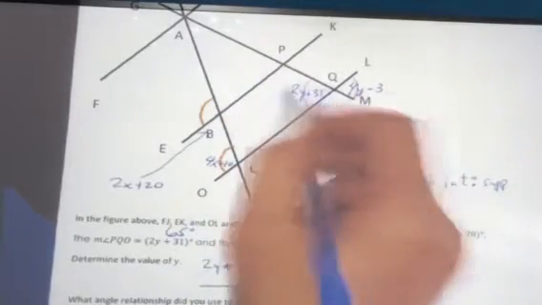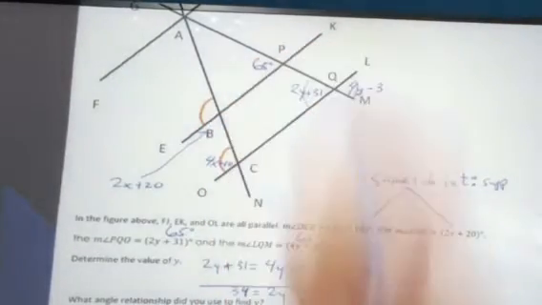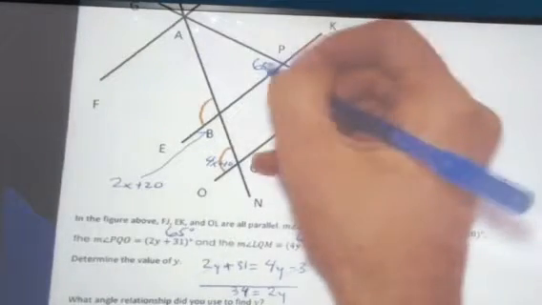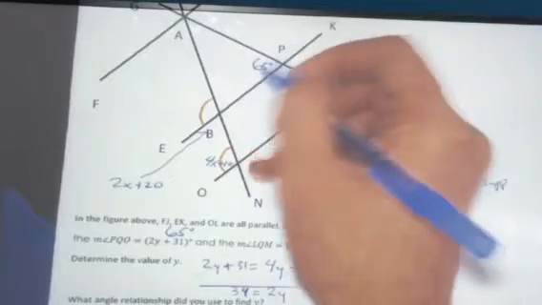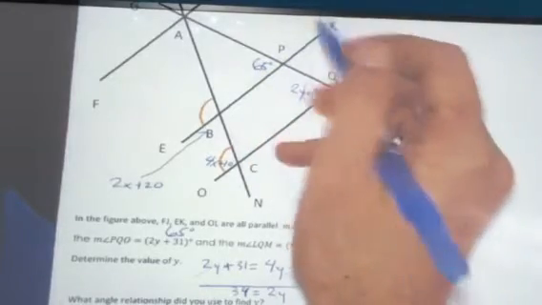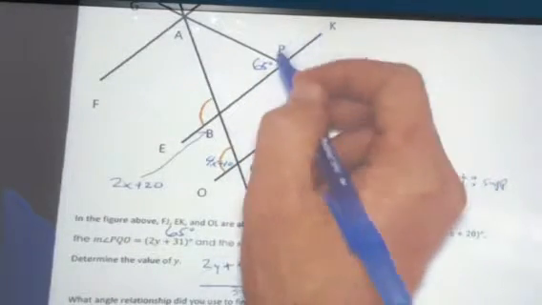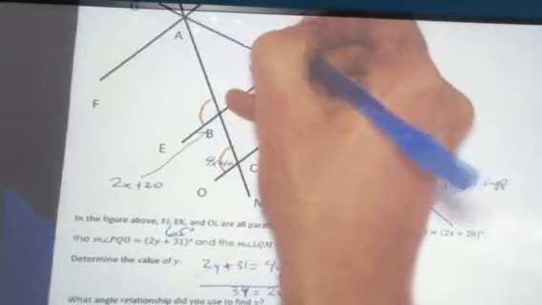So if this is 65, then jump here, this is also 65. And it should be pretty clear that this and this add to equal 180. So angle KPH plus this 65-degree angle will equal 180. So if you subtract 65 from 180, you get 115 here.